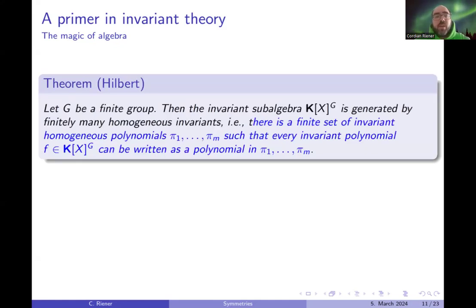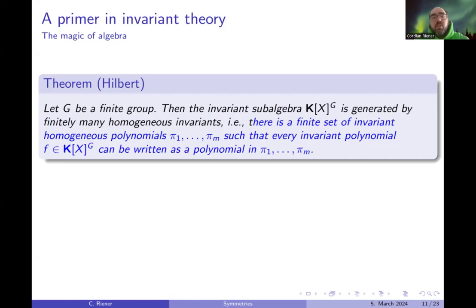And with that, I want to come to one of the most magnificent theorems of the 19th century, which is the following theorem of Hilbert. Remember, Gordan, roughly 20 or 30 years before Hilbert gave this theorem, had shown that the invariants for these binary forms are always finitely generated, so that there's always a finite set of homogeneous invariants.